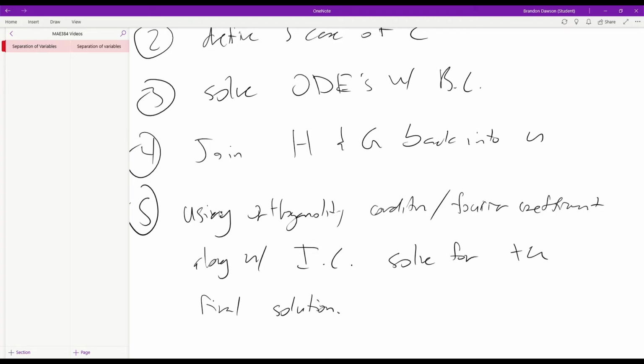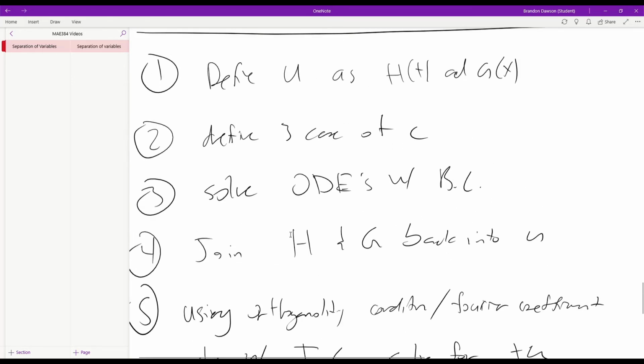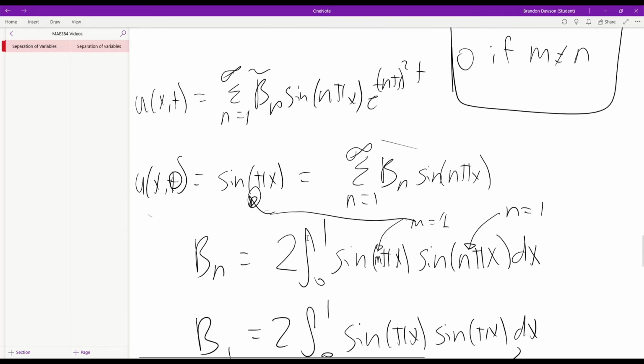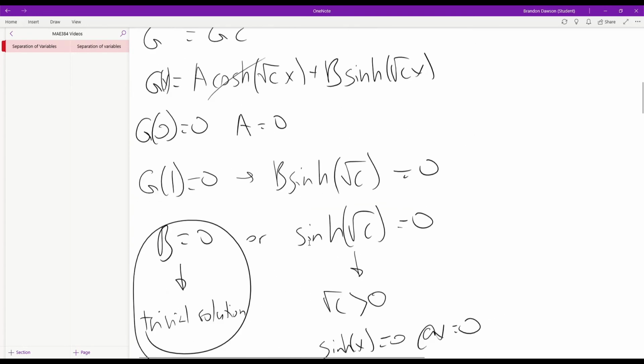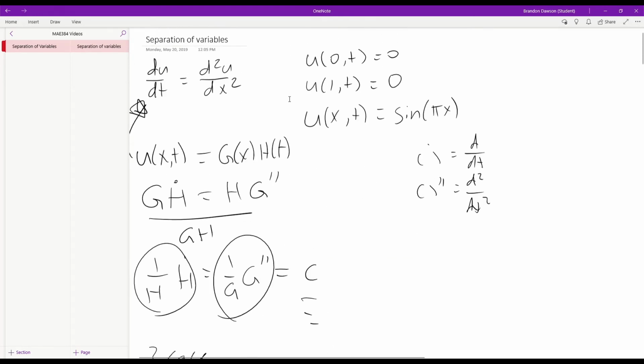Yeah, so hopefully by following these steps, you are able to understand a little bit better how to use separation of variables to solve a homogeneous PDE.